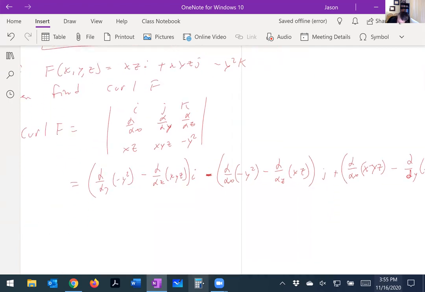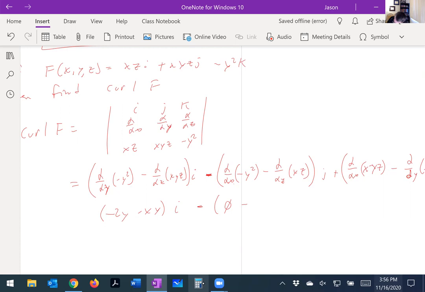Okay, so let's see what happens here. When I take the partial with respect to y, I get negative 2y. The partial with respect to z is just going to be minus xy, in the i direction. Minus 0 minus the partial on z in the j direction.